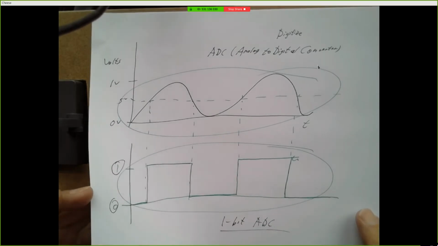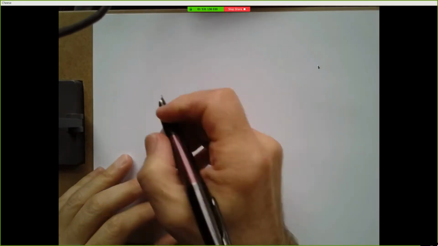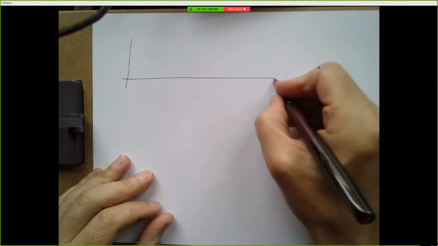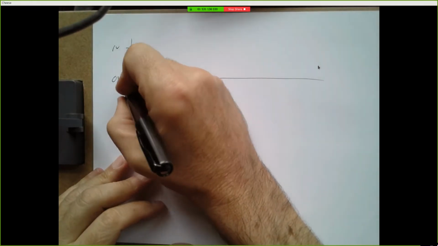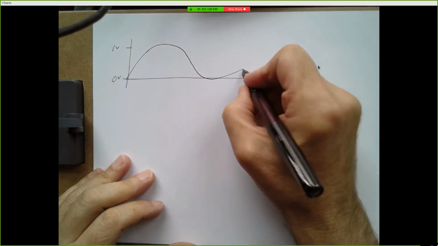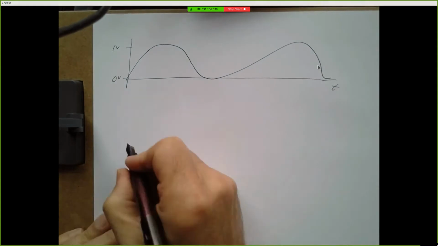Suppose we wanted a more accurate representation. We could make a 2-bit analog to digital converter. So let's look at this. Here's our original signal, and it's a sine wave. And here's time.